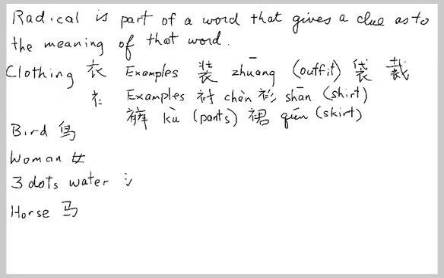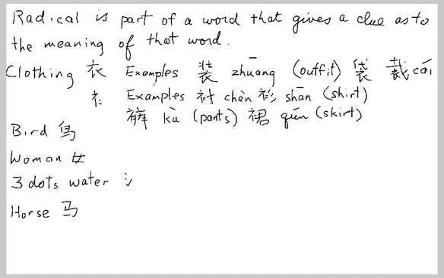Another word that has the radical hidden on the left bottom of this character is pronounced cai. Cai means to cut, and cai feng, feng meaning to sew, means tailor. So you have a hint that it has something to do with clothing.